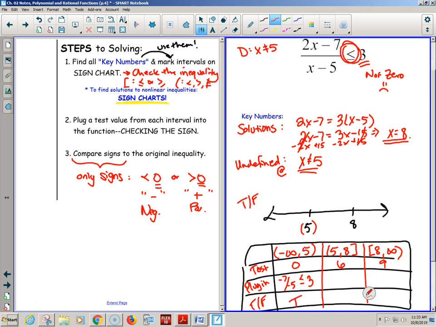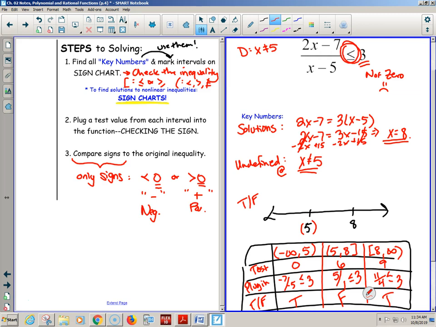That's good. 6. 12 minus 7 is 5. 6 minus 5 is 1. Is 5 less than or equal to 3? Okay, that's a false. And then 9 would be 18 minus 7 is 11, all over 9 minus 5 is 4. Is 2 3/4 less than or equal to 3? Yes.